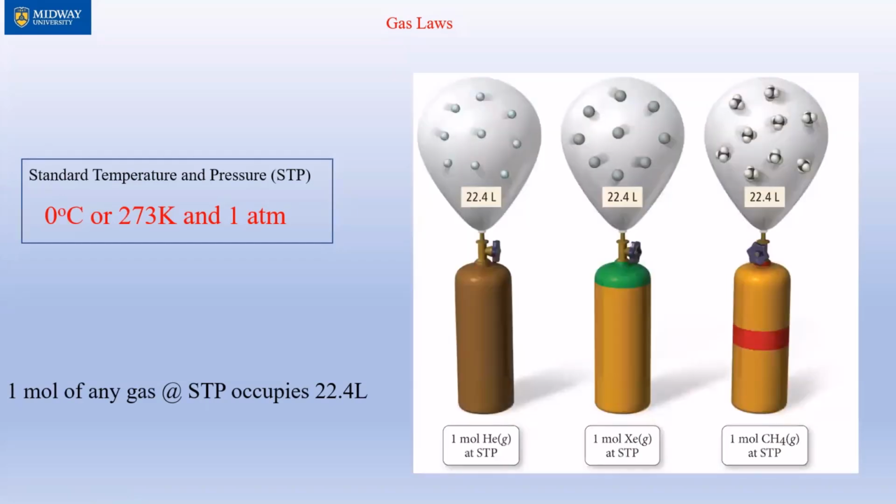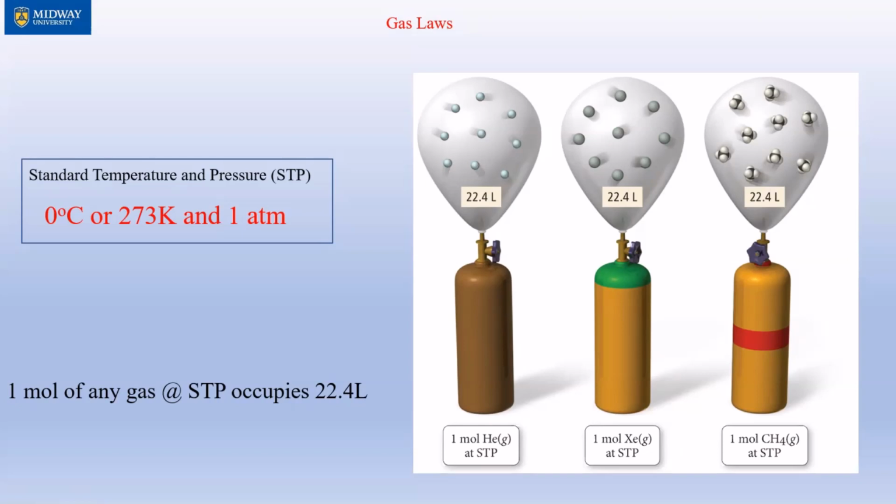Now, if you see this visual, we got 3 cylinders containing 3 different gases: helium, xenon, and methane. Each of them have been pushed into a balloon and blown to the same size. Each of those balloons is 22.4 liters, provided each of those balloons contains 1 mole of each of those gases at STP.